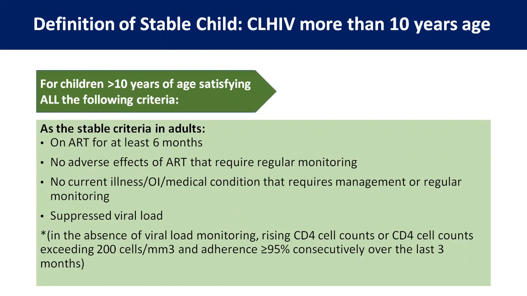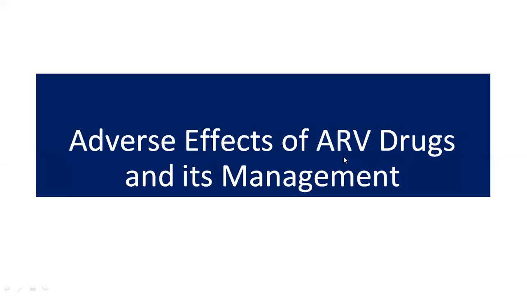At that time, you can follow the rising CD4 count, which is increasing in trend. And in adults, we take children above 10 years as adults, so CD4 exceeding 200 cells per cubic millimeter, or adherence more than 95% consecutively over the last 3 months. When all those criteria have been fulfilled, we say the child is a stable child.